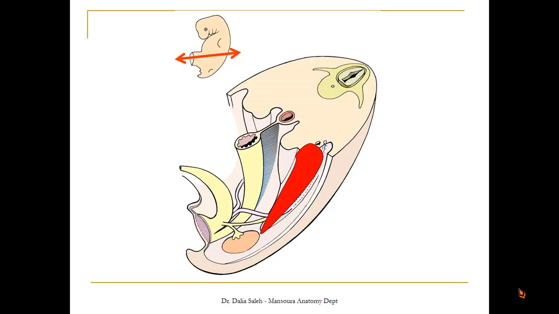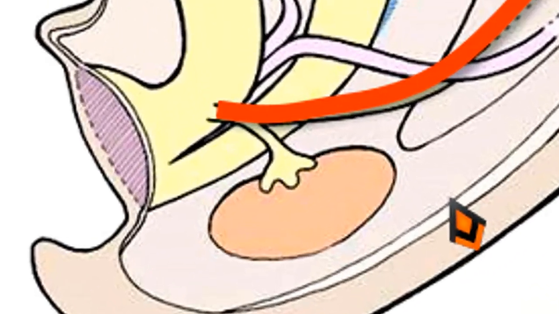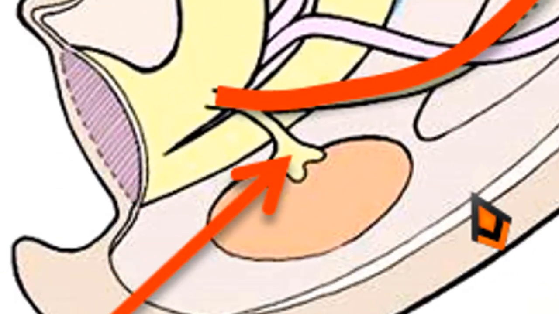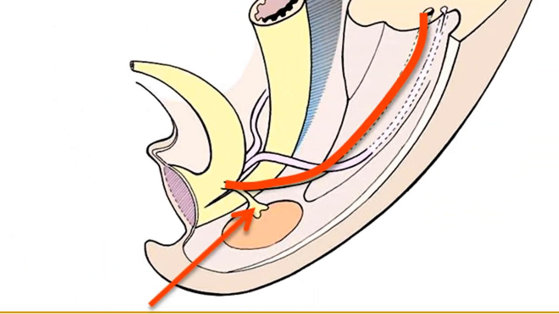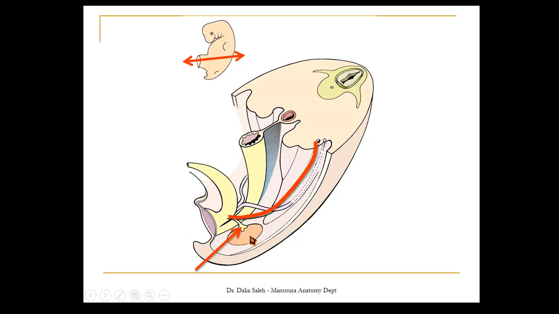So in this part of the intermediate mesoderm, you can see the mesonephric ducts, which open on each side of the urogenital sinus, and near its termination emerges the ureteric bud that will stimulate the intermediate mesoderm at this region to form the metanephric cap, and together they will form a definitive kidney.